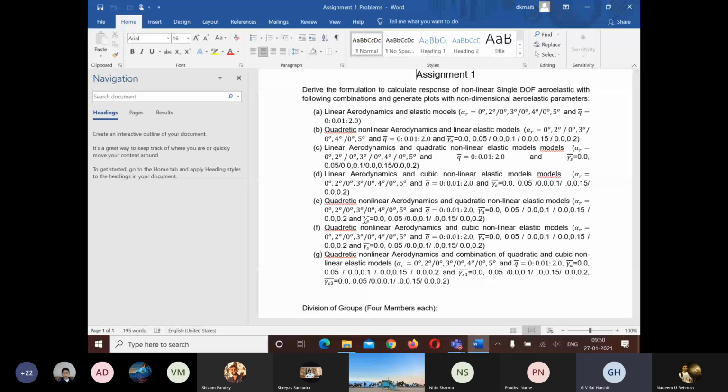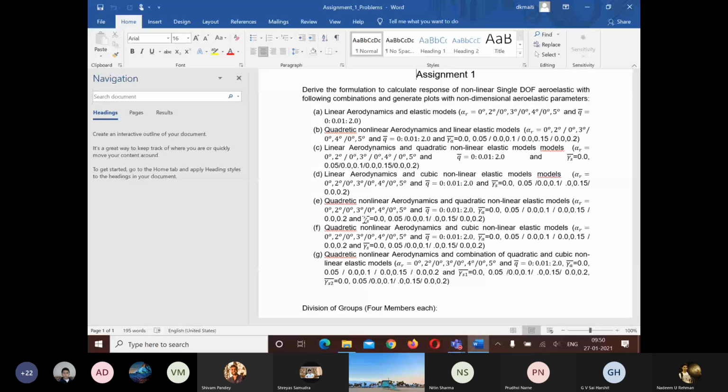You have to take a non-dimensional model of a single degree of freedom system where I have given certain parameters. For the linear model, you need values of alpha, which I have given, and then Q bar. With this information, first you have to derive the response of the system.